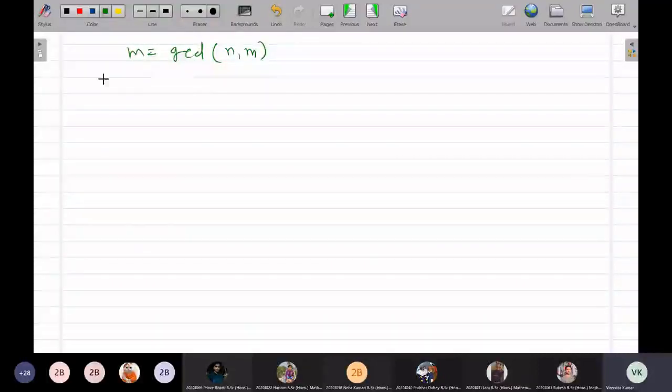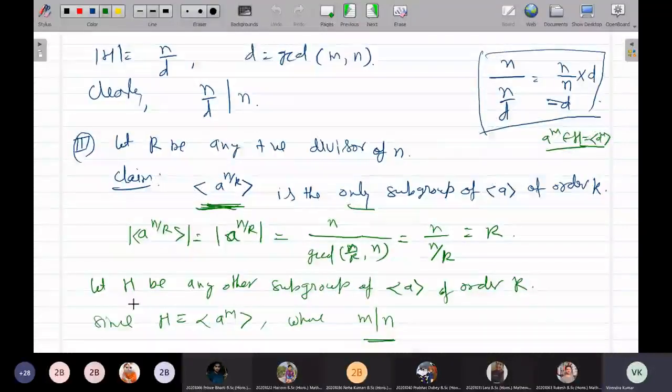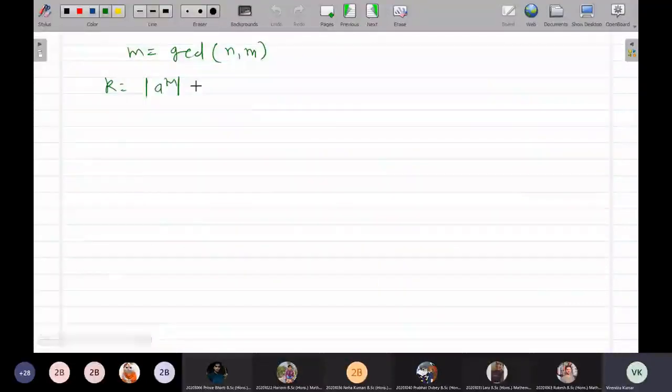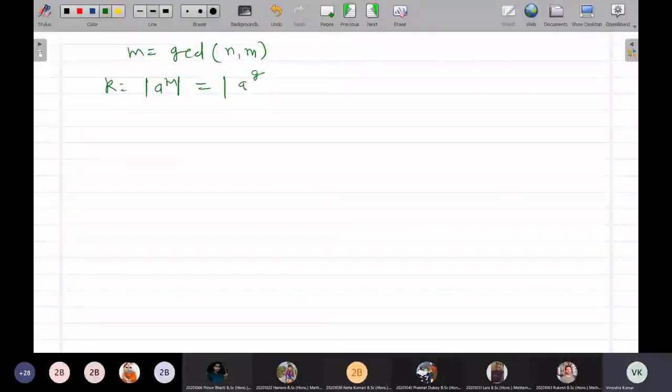Fine. So therefore k equals, of course, because we have assumed that this H, which is generated by a to the power m, has order k. So therefore this element should have order k, and this is equal to the order of a to the power greatest common divisor of m and n because of this. Fine.